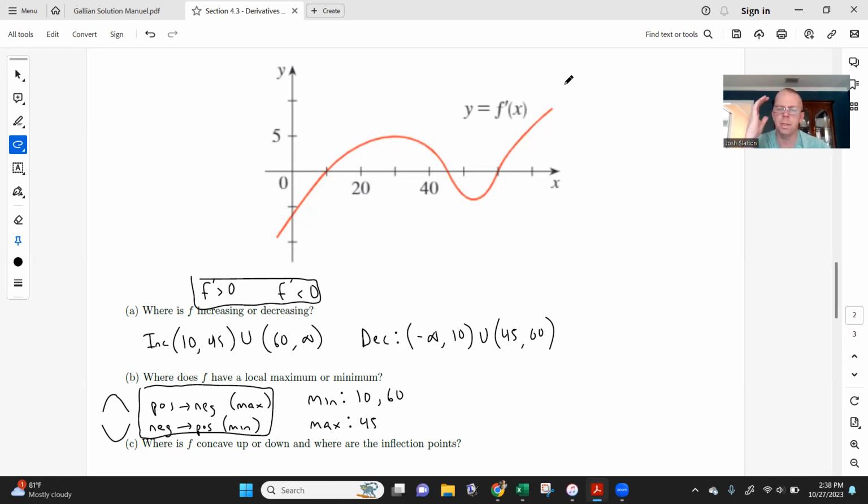So you can draw a graph, and it'll tell you where to start. Like we say, start at 0, 0, then decrease because the derivative is negative to there, increase till you get to there, decrease, increase. So get good at that.